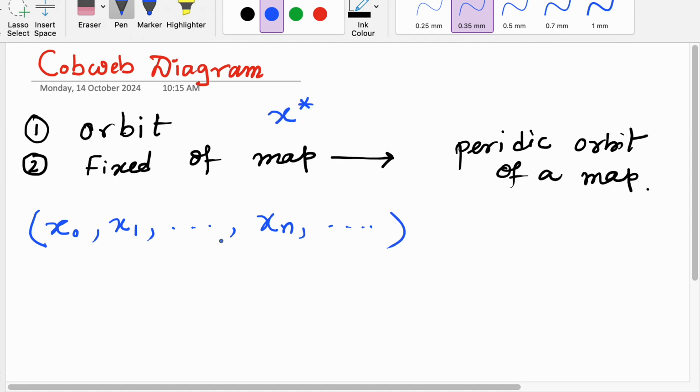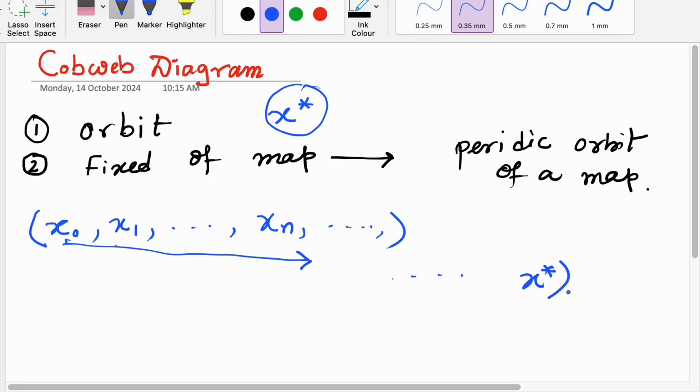Now we want to know whether this orbit asymptotically or eventually goes towards this fixed point. Suppose it goes towards a fixed point x star, and once it reaches the fixed point, it will stay there forever. That's why it's called the fixed point.